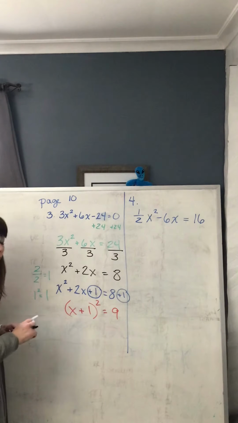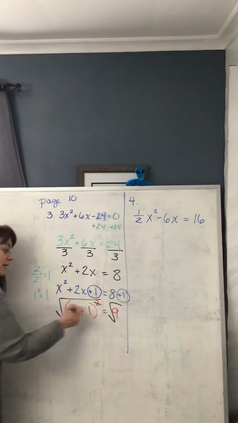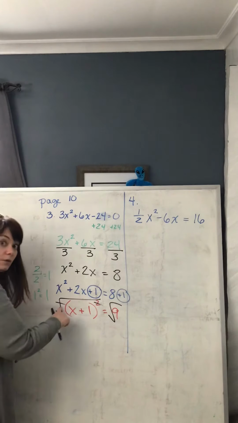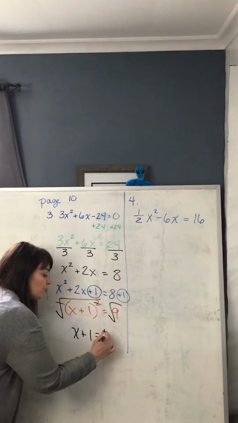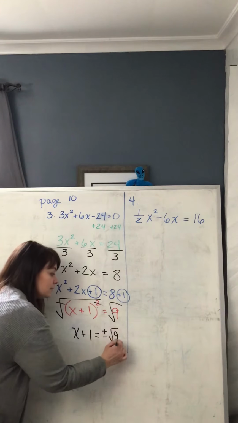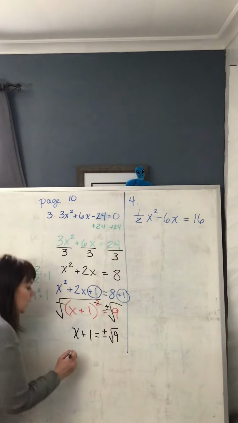That's useful because a square root undoes a square. Don't forget your plus or minus. I almost forgot it. Don't forget your plus or minus.